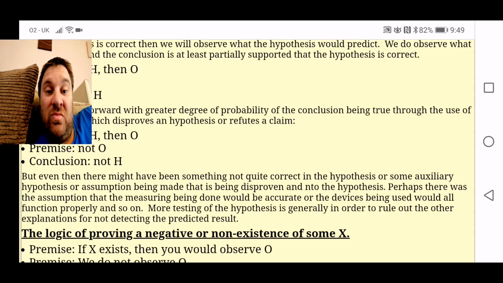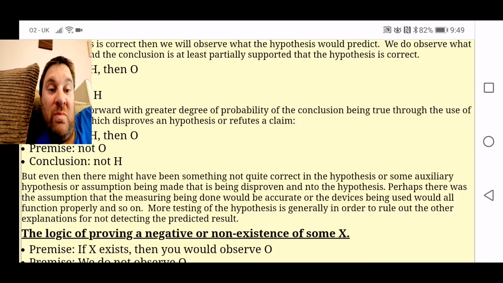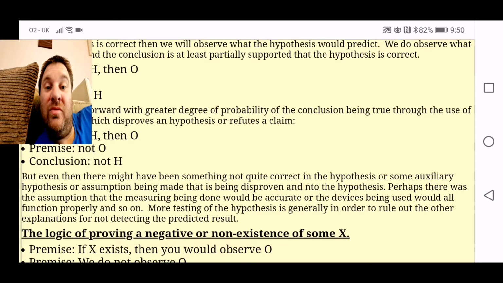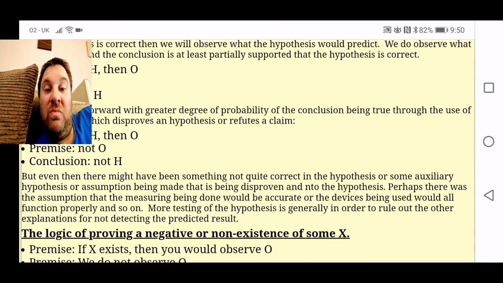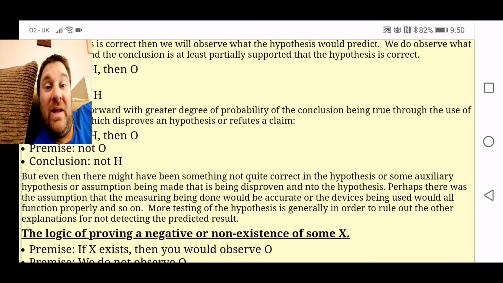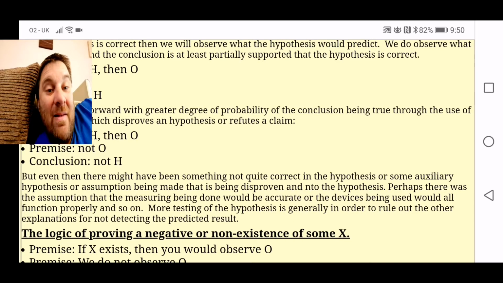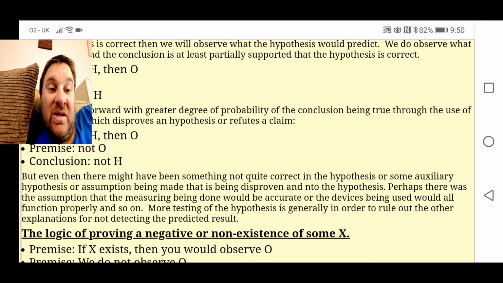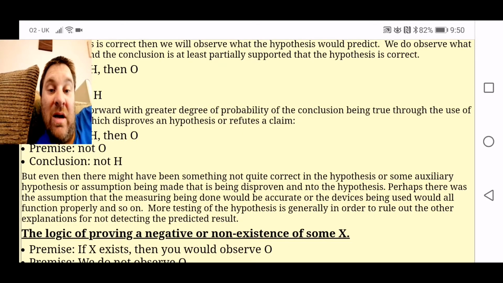Perhaps there was the assumption that the measuring being done would be accurate, or the devices being used would all function correctly, and so on. Function correctly, that's a proper word to use there, not properly, it's not proper grammar. More testing of the hypotheses is generally in order to rule out the other explanations for not detecting the predicted results.